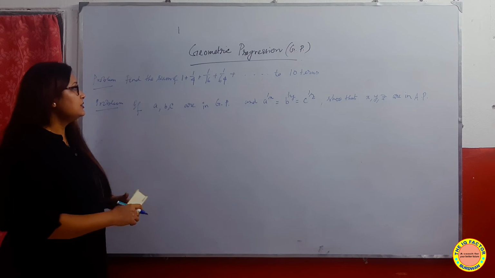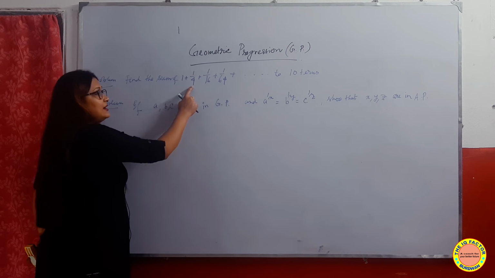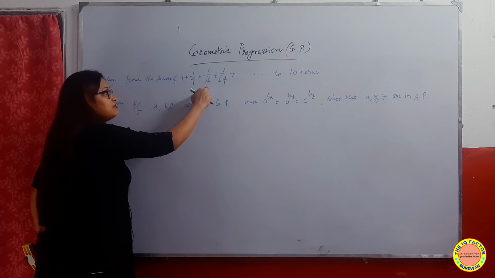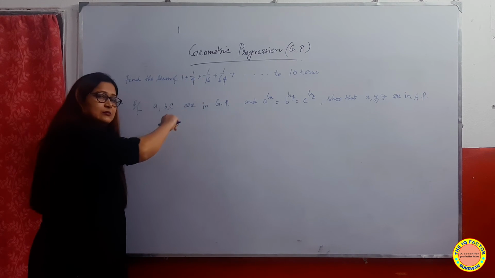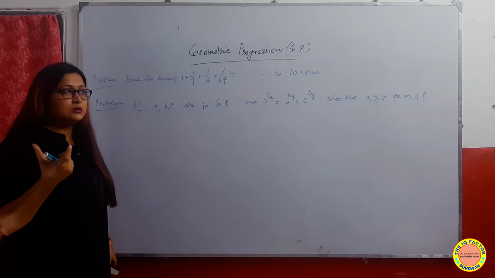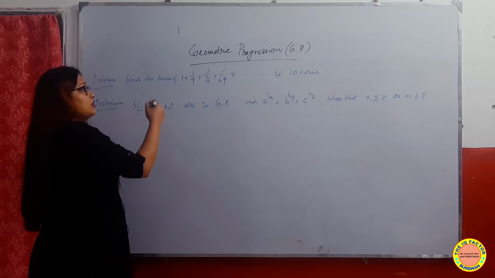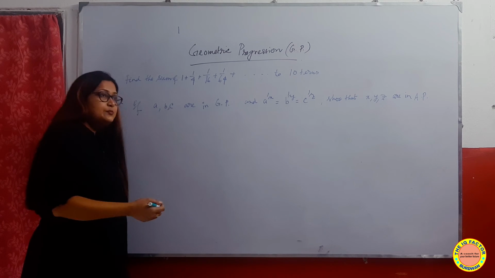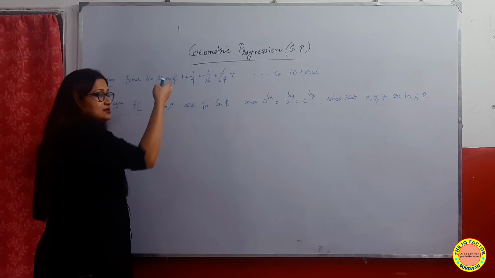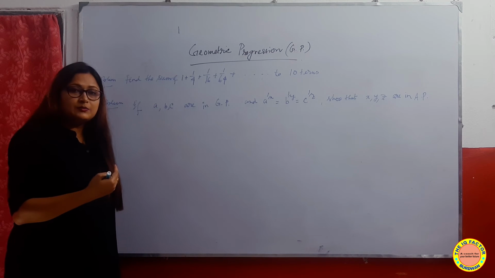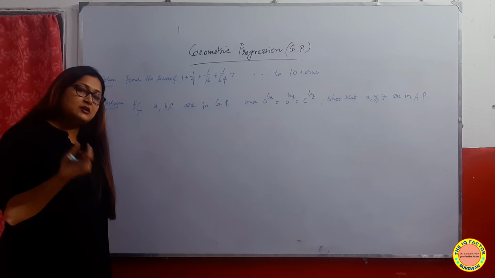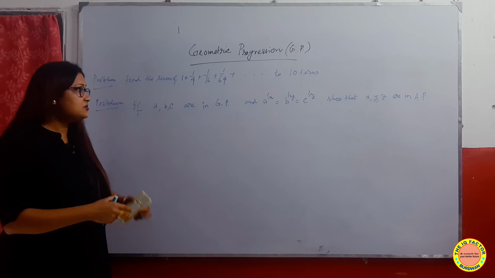To check AP, take second term minus first term, third term minus second term. If one constant is coming, then it is in AP. To check GP, divide the succeeding term by the preceding term. If one constant comes, then it is in GP.